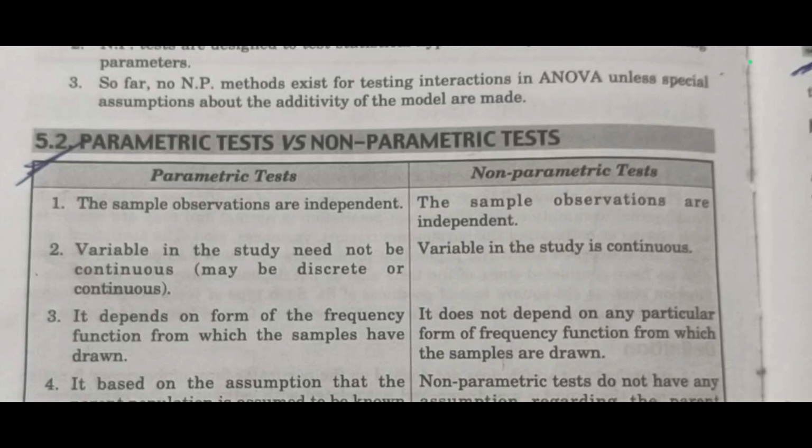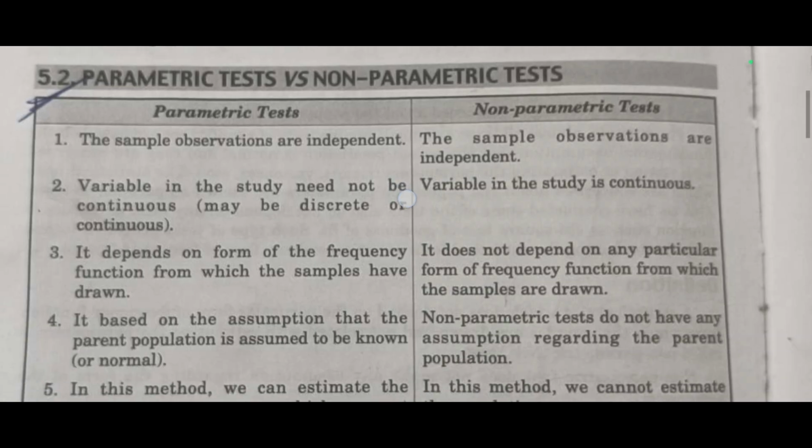In non-parametric tests, the variable in the study need not be continuous, whereas in parametric tests the variable is continuous. Either it may be discrete or continuous in a non-parametric test. A parametric test depends on the form of the frequency function from which the samples have been drawn. A non-parametric test does not depend on any particular form of frequency function.